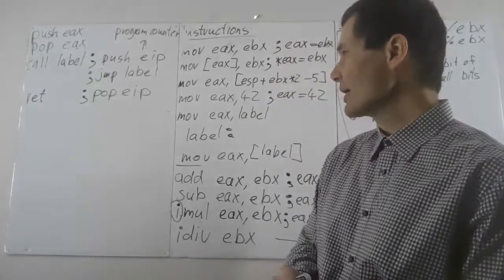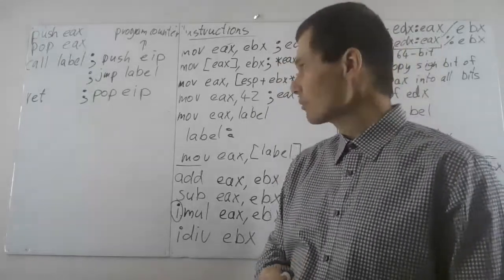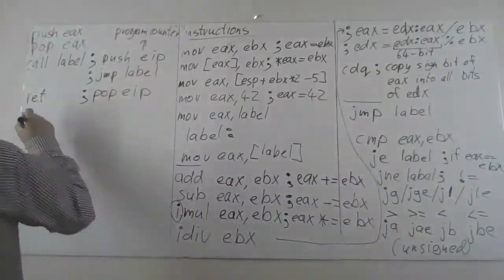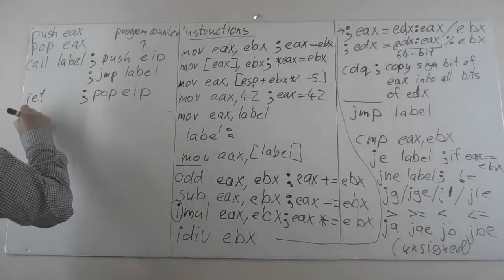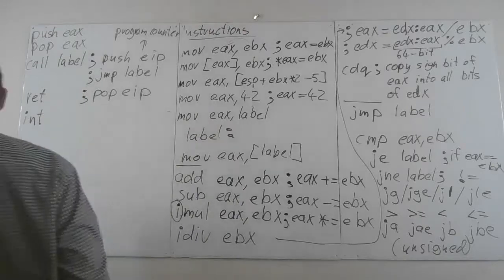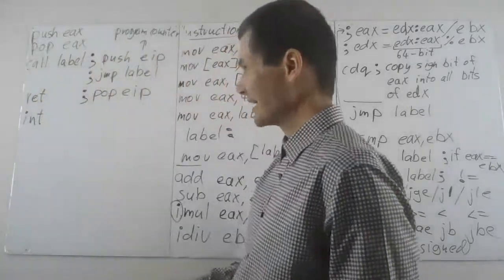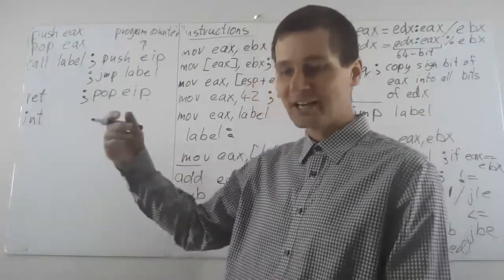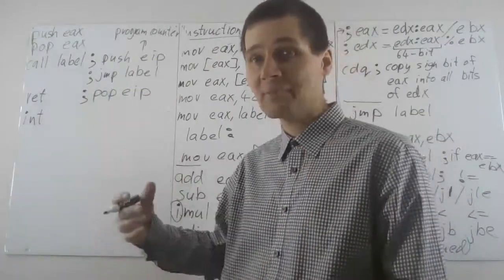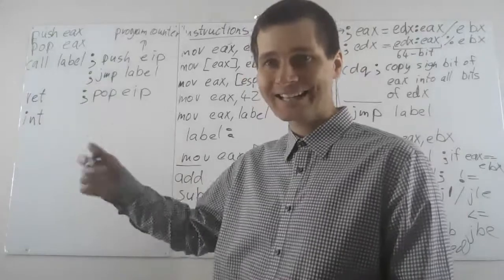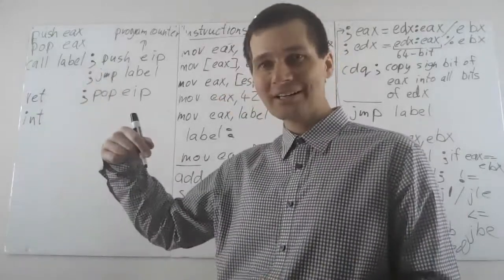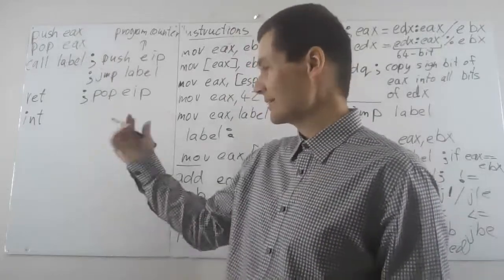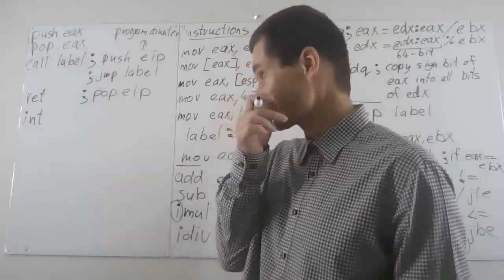And then I have one more weird control transfer instruction, and that's int. So int stands for interrupt, and again, interrupts are sort of historically a hardware thing that we had in the 16-bit x86, and then they evolved in the later versions of x86.